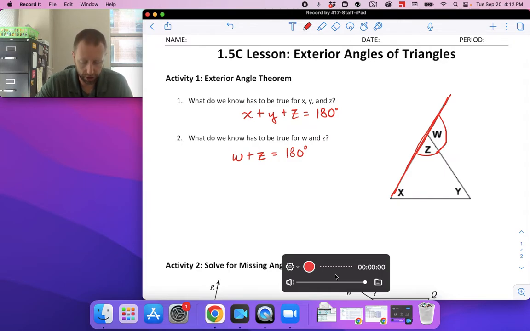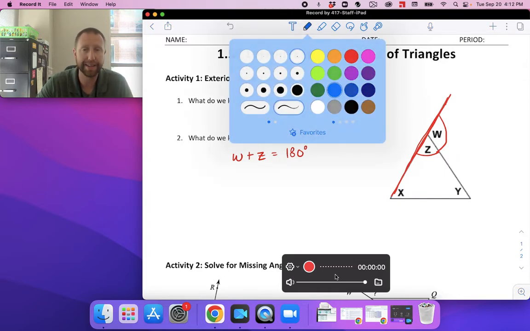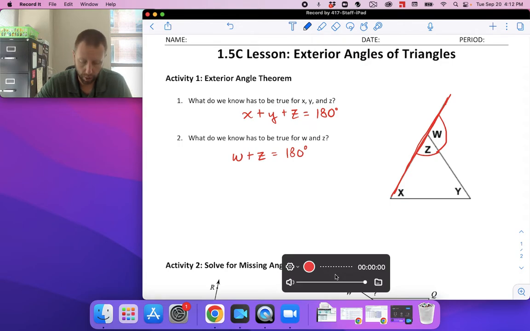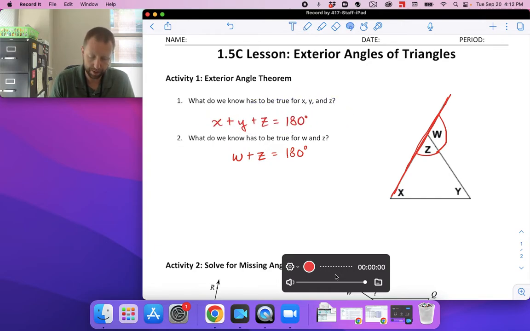If you look, I've got two equations where they both equal 180 degrees. I could move these so that they're lined up. And look at this. If I draw a wall here, I have the exact same thing on the right side. What changed? The Z is still there. You can see there's a plus Z on both of those equations.